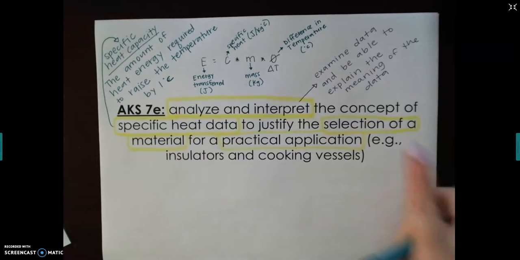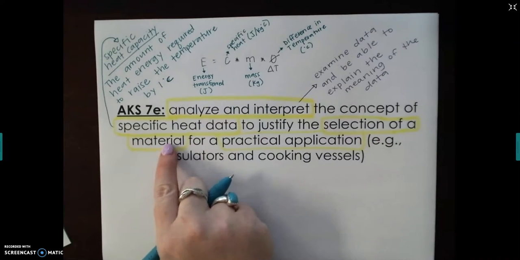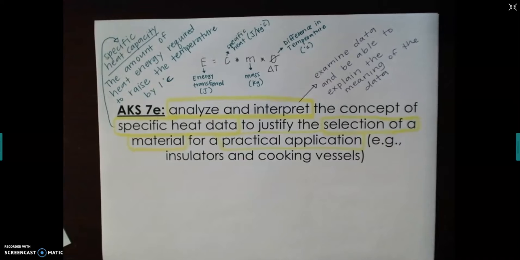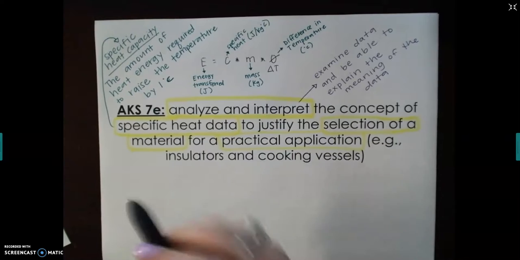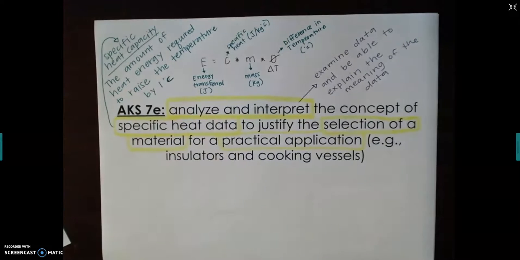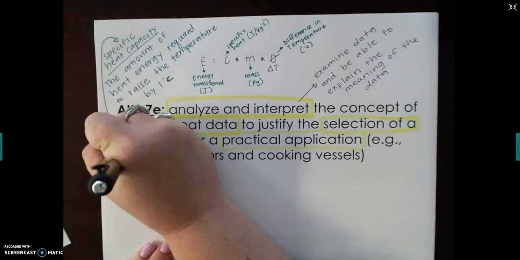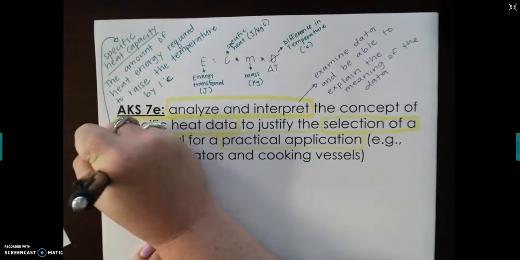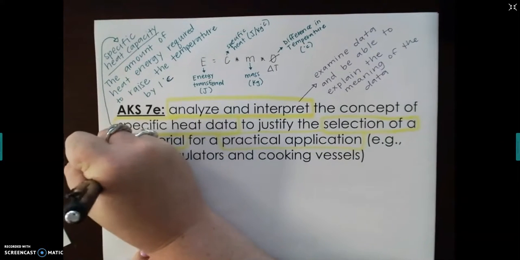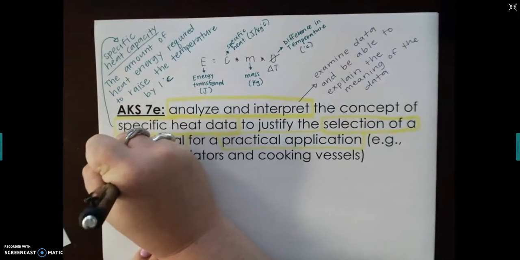So let's keep going. Let's talk about the selection of a material. In order to select whichever material we're going to use for this practical application, we need to identify an answer to the question as to why we want to use that material. What about that material makes it the best material for use? So right here, I'm going to draw an arrow down and say, answer the question, because that's what we need to be able to do.